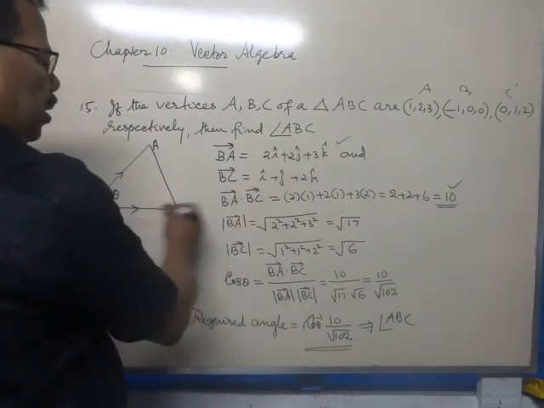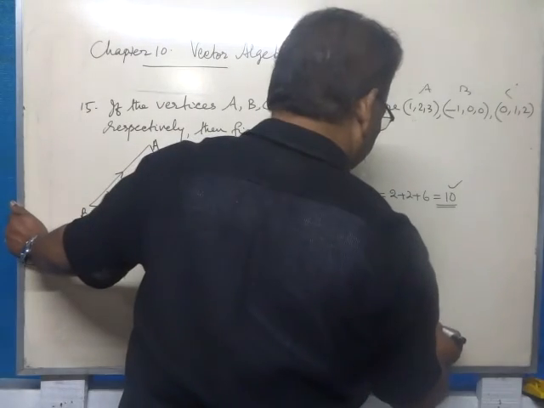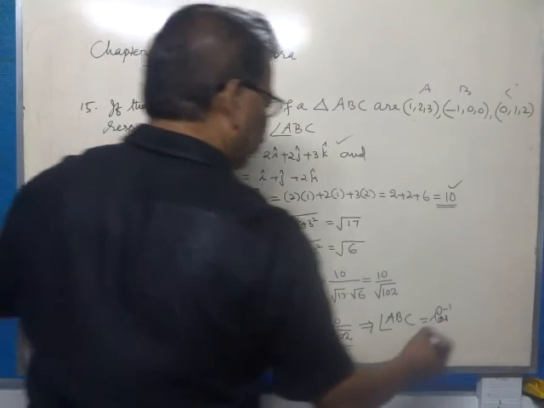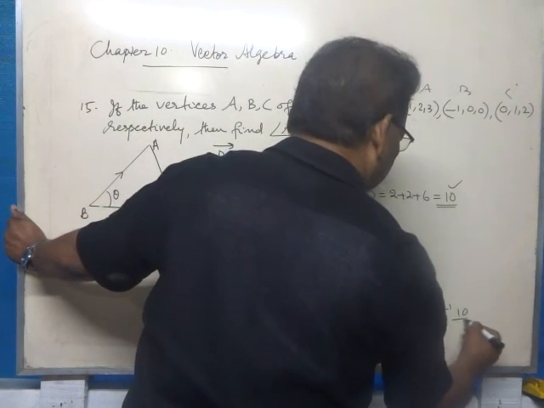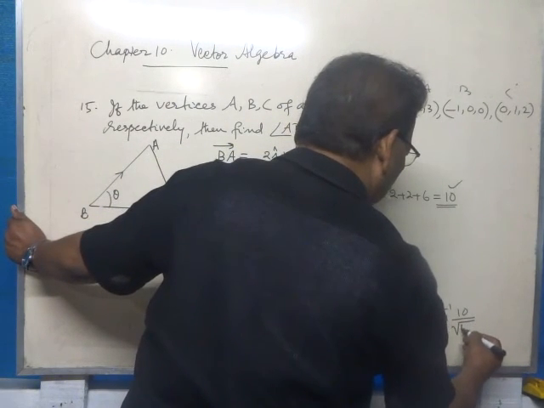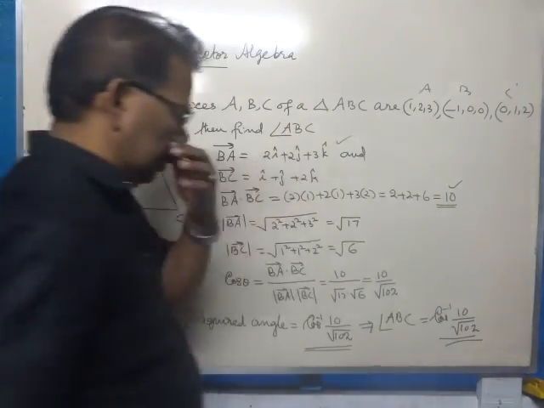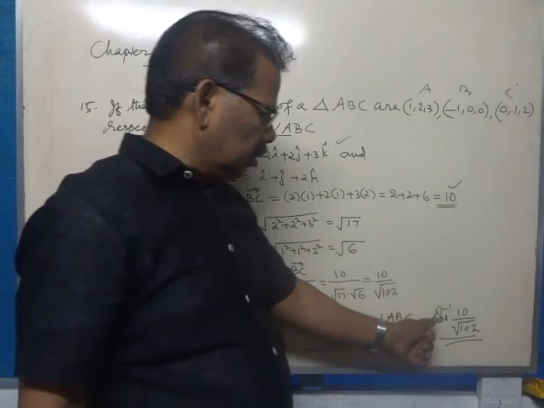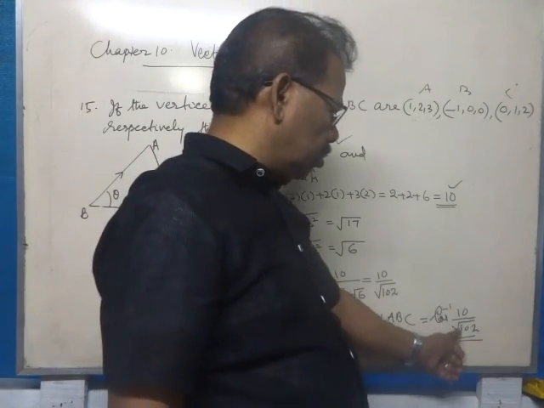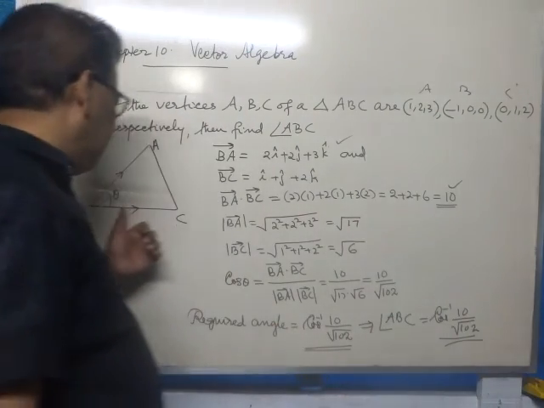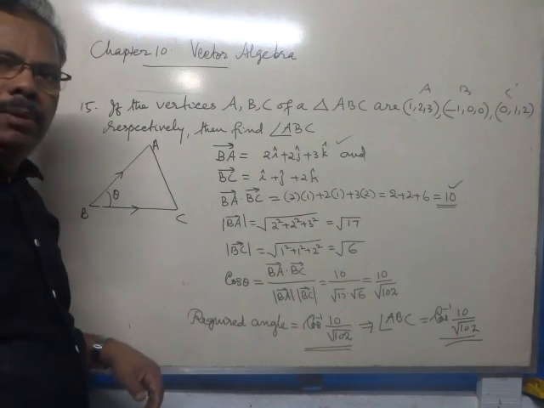We are asked to find out angle ABC is equal to cosine inverse of 10 by square root of 102. Cosine inverse 10 by square root of 102 will give the angle ABC.